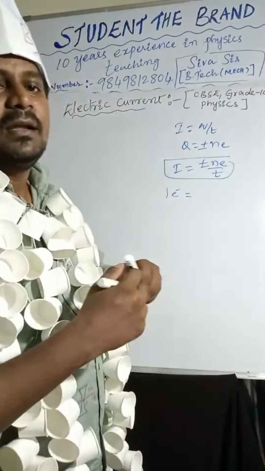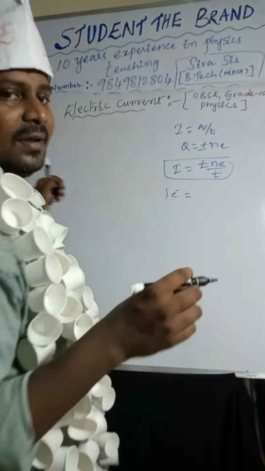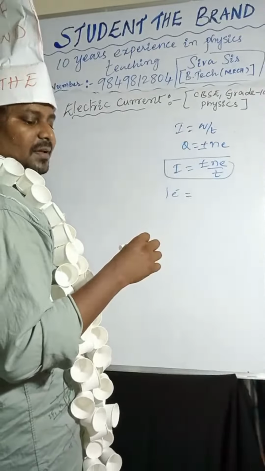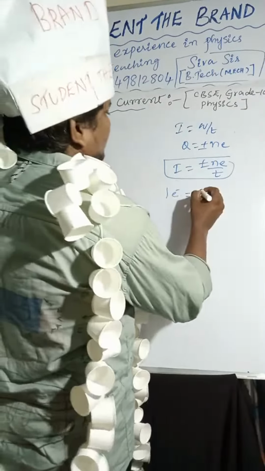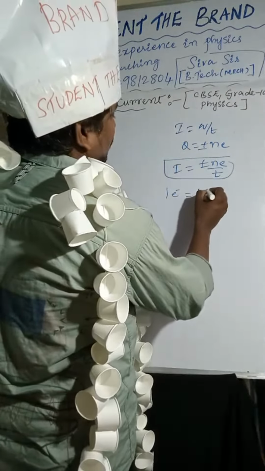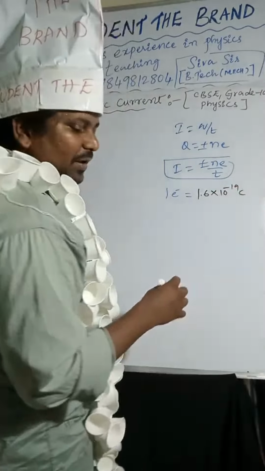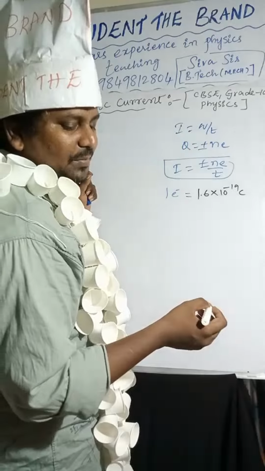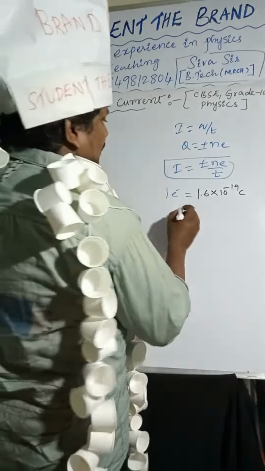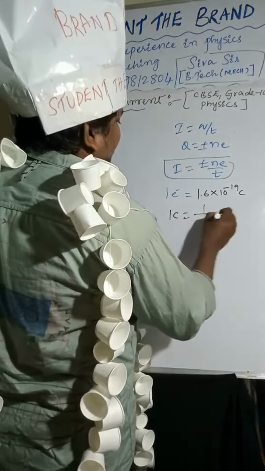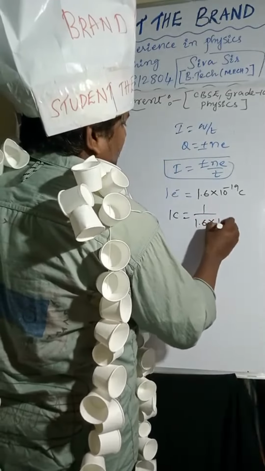So if one electron carries 1.6 into 10 power minus 19 coulomb, in 1 coulomb, how many electrons are present? Yes, Amulya, correct. 1 by 1.6 into 10 power minus 19.